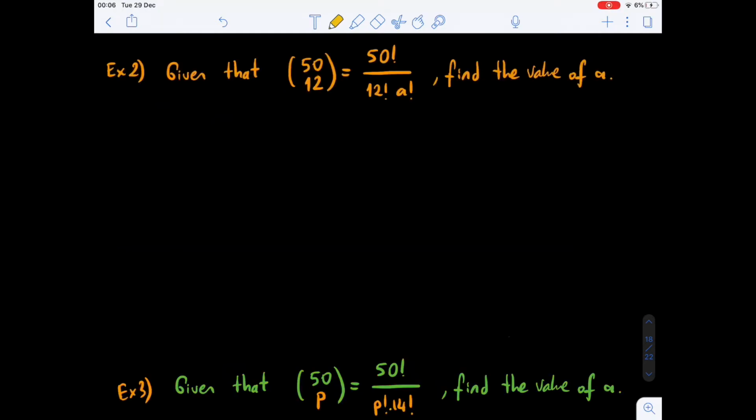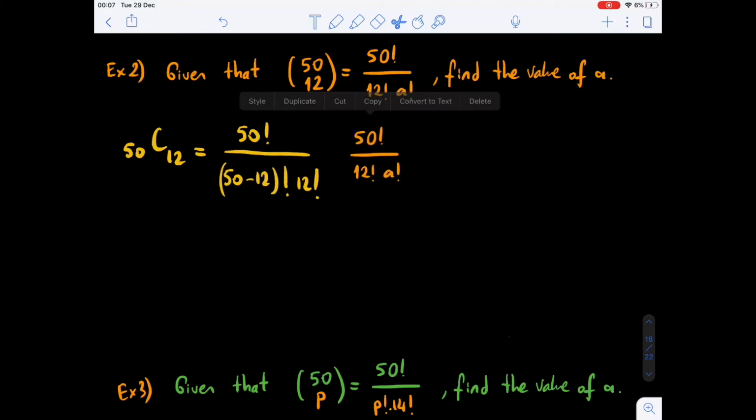Given 50 choose 12, I'm going to write down here 50 choose 12. Let me write down what 50 choose 12 is: 50 factorial over 50 minus 12 factorial times 12 factorial. Let me copy that and paste here.